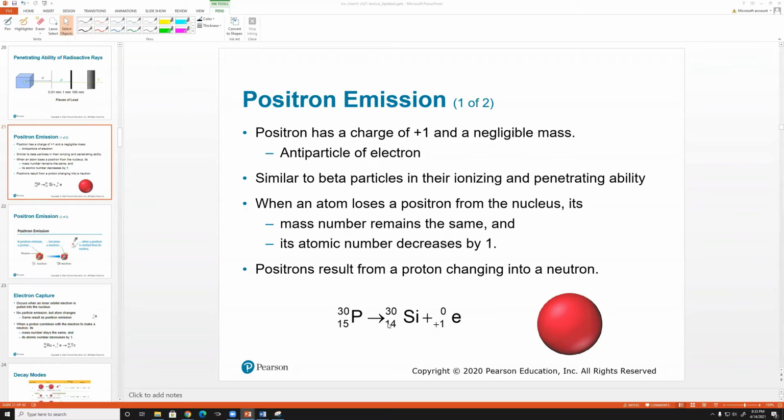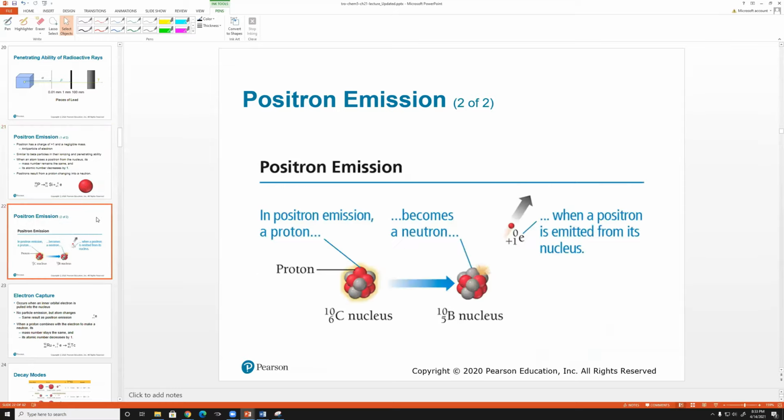The proton number decreases. That means one of these 15 becomes one of these other 15, and now it becomes 16 neutrons. So that's the opposite of a beta decay. In a positron emission, a proton becomes a neutron, and a positron is emitted.